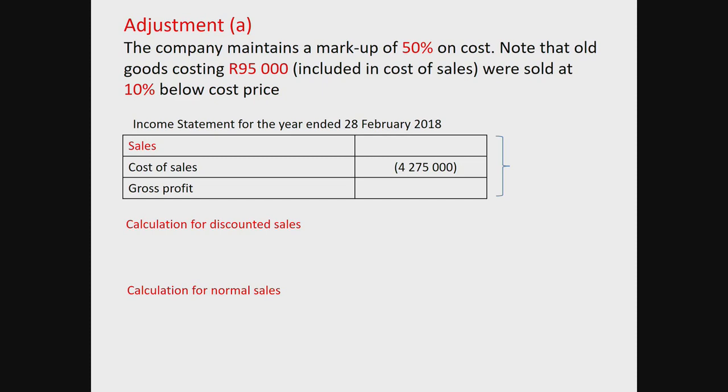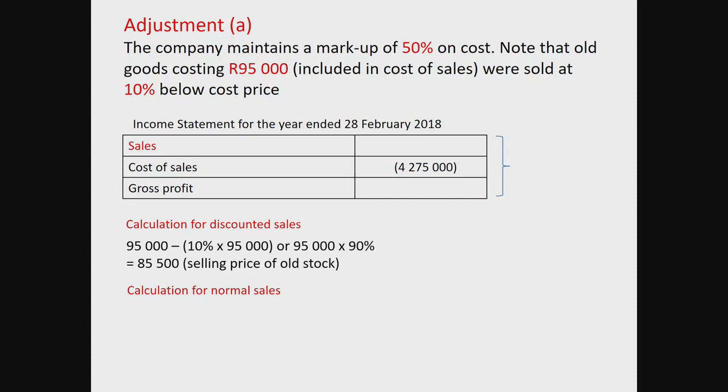So we either calculate what is 10% of 95,000 and minus it, or we just take 95,000 less 10% of 95,000, or just 95,000 times 90%. And that will give me 85,500. So that 85,500 will be the selling price of my discounted sales.